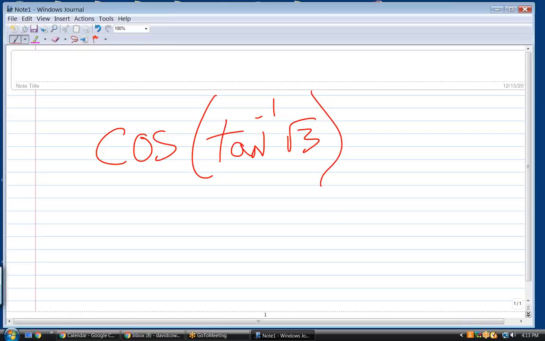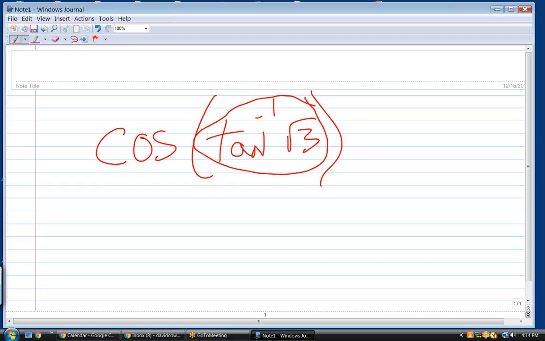Yeah. Always start from the inside and work out. So let's figure out what angle they're talking about here. And when we do this, we are only interested in the principal angle, the one your calculator is going to give you. We don't want that second angle.